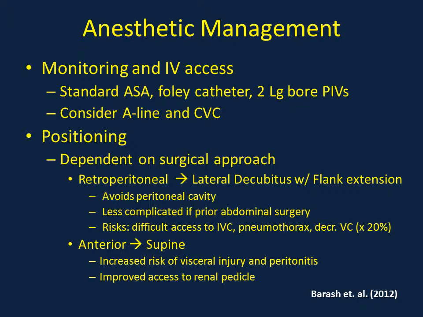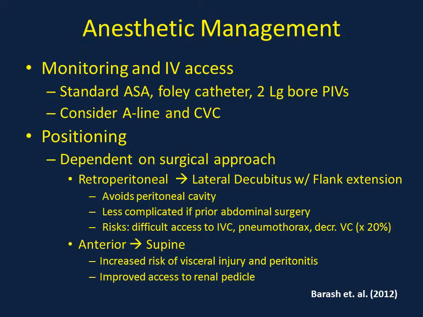But there are some risks associated with this approach as well, including difficult access to the inferior vena cava if the cancerous lesion were to invade that vessel. Increased risk for pneumothorax and decreased vital capacity by about 20% because the patient's in a lateral position with extension of their downside flank, if you will.